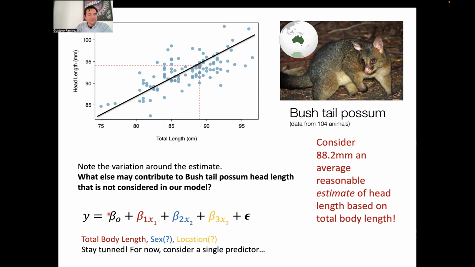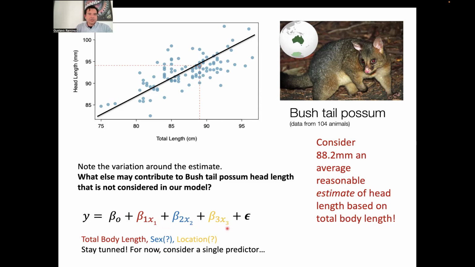If Y is still head length, you can have many predictors. Right now, we're just playing with body length, which is depicted here in red, but we could also add additional predictive parameters like sex. That's a huge one. Maybe there's a different relationship between male and female bushtail possums' total length and head length. That would be interesting to put on there.